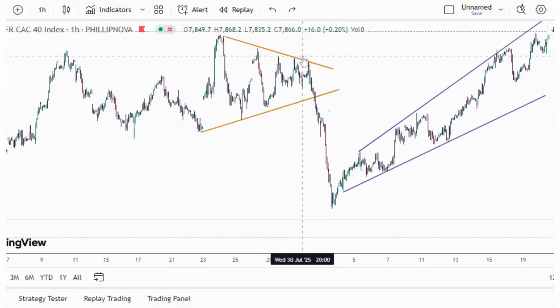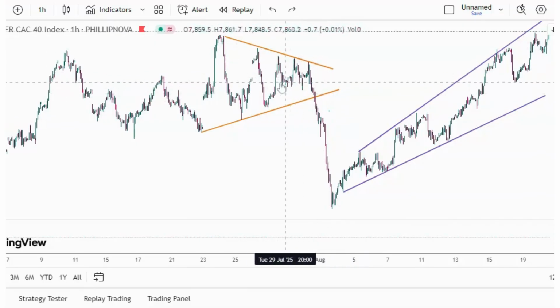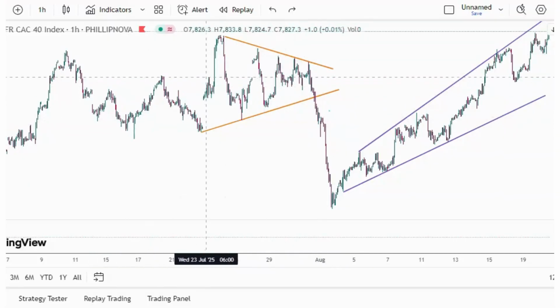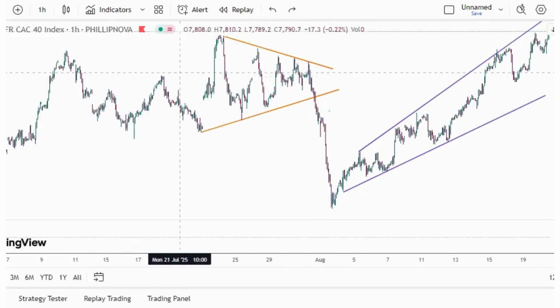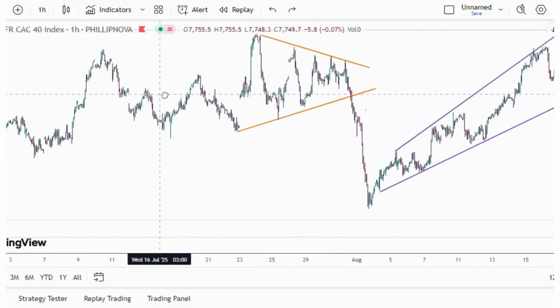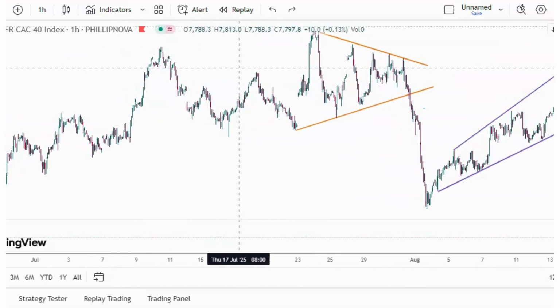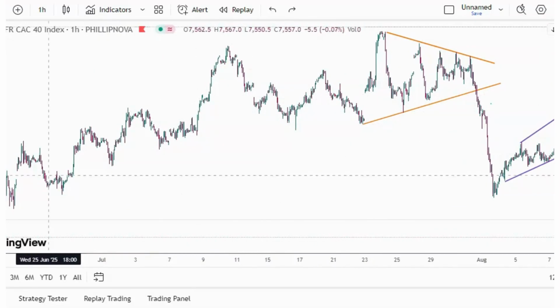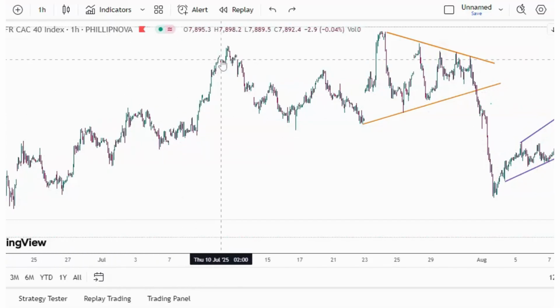You have to wait until the price breaks from one of the two sides, either from here or from there, and then we will talk. Especially since this triangle was preceded by sideways movement with a little bit of bullishness, so you may consider this a bullish trend.